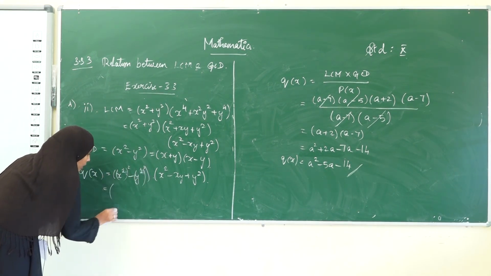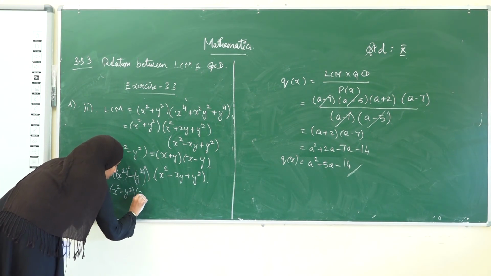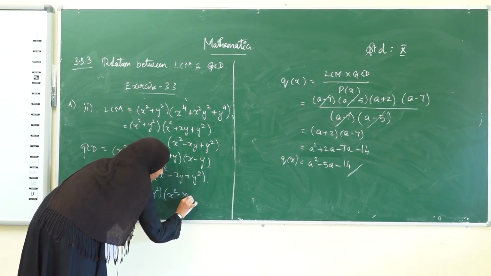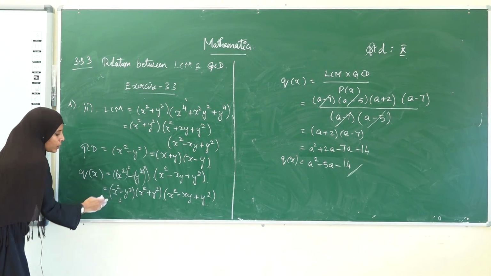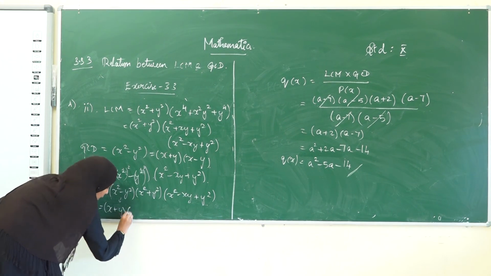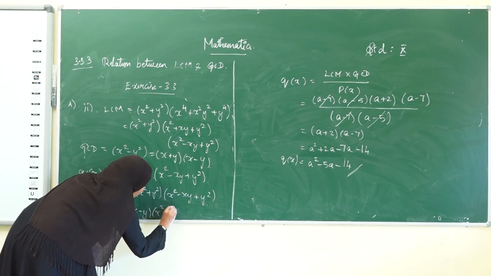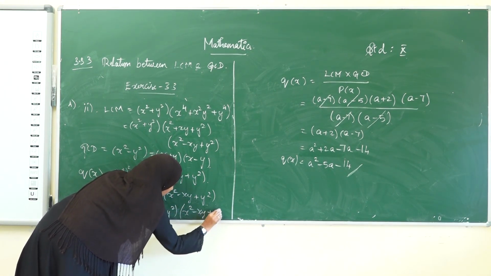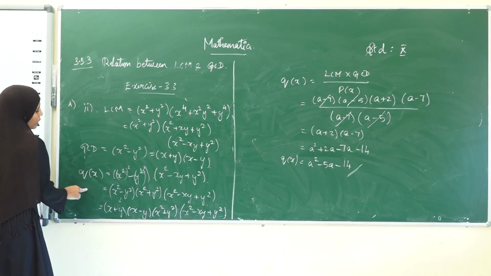By the a square minus b square formula, this is (x square minus y square) into (x square plus y square) into (x square minus xy plus y square). Again this can be converted: (x plus y) into (x minus y) into (x square plus y square) into (x square minus xy plus y square). So we have expanded LCM, GCD and q(x).